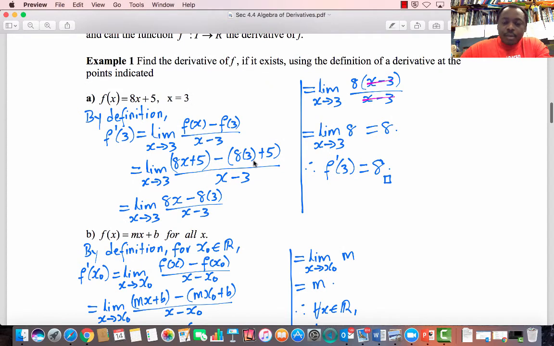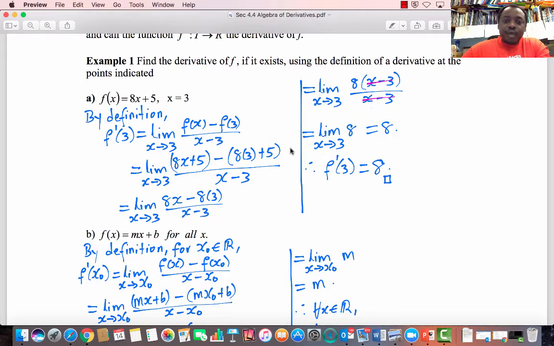If I open up my parentheses, 5 and negative 5 will be gone. I would end up with limit as x approaches 3 of 8x minus 8 times 3 divided by x minus 3. Now I can factorize out my 8, and that gives me limit as x approaches 3 of 8 times x minus 3 divided by x minus 3.